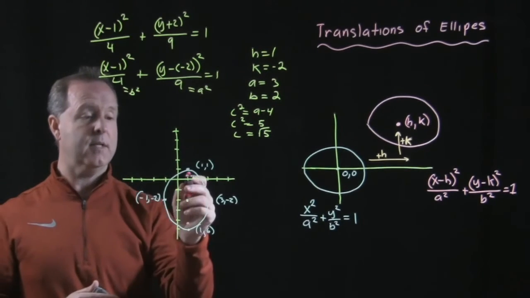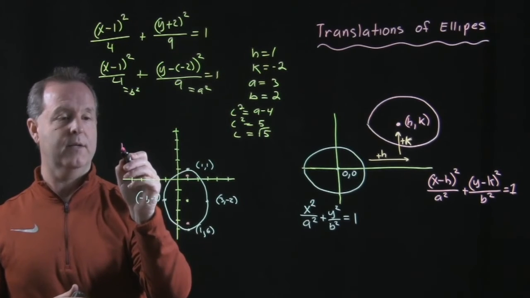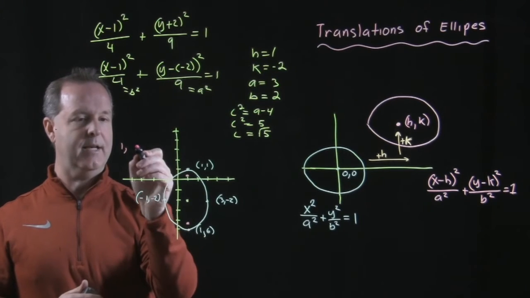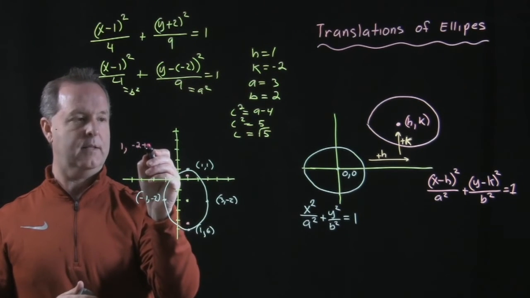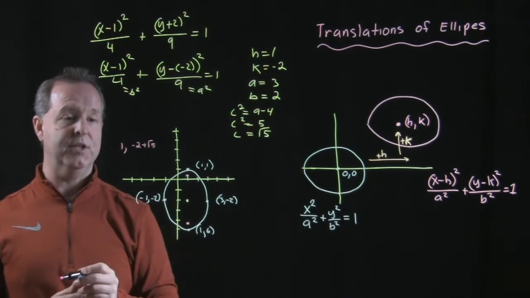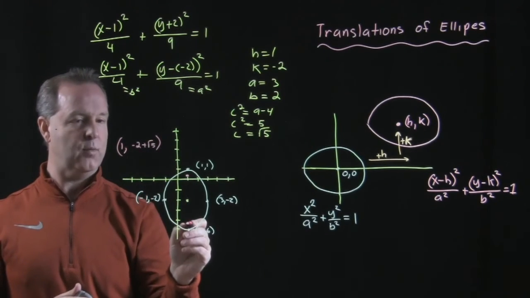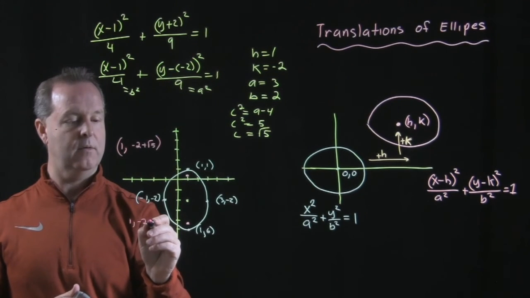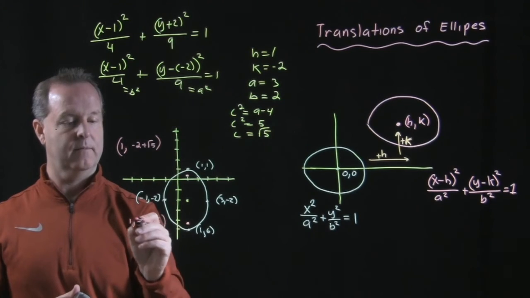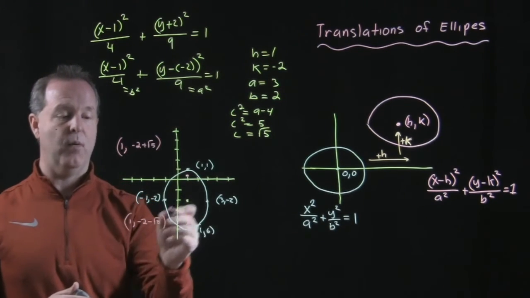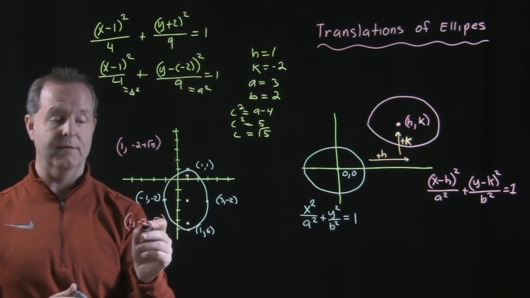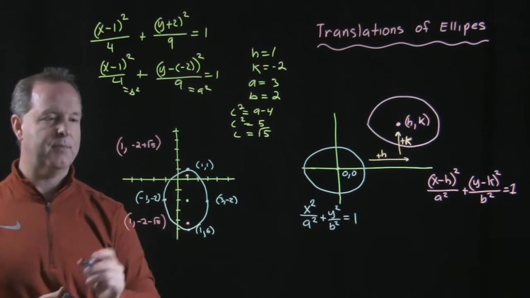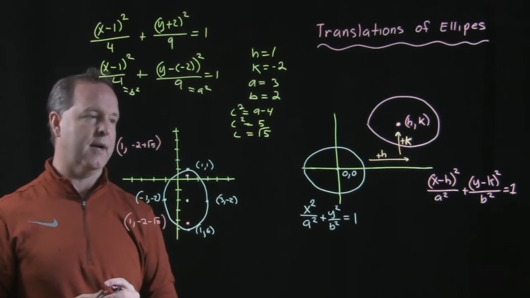This one up here is at the point (1, -2 plus root 5). And this one down here is at (1, -2 minus root 5). Since the distance from the center point is root 5, and my center point y-value is -2, I've subtracted another root 5 from that. It drops it down to there. That's the best description of where exactly those foci are.